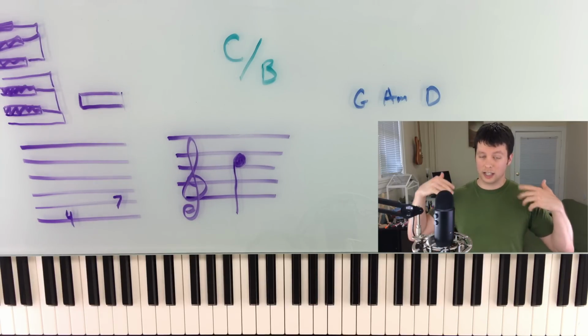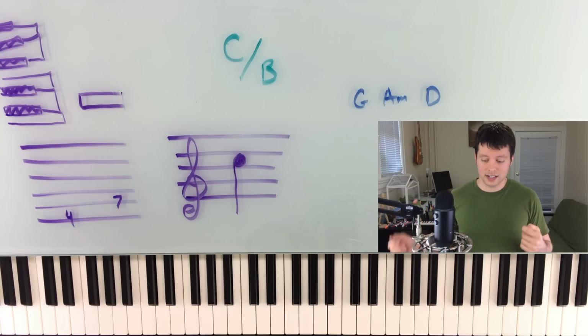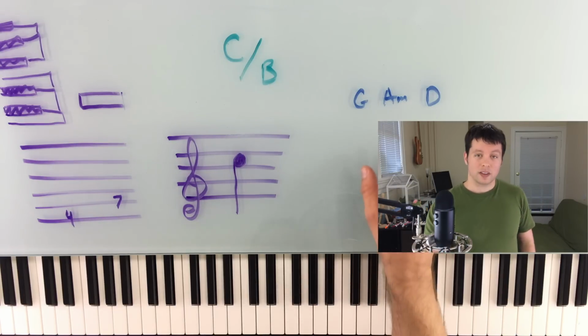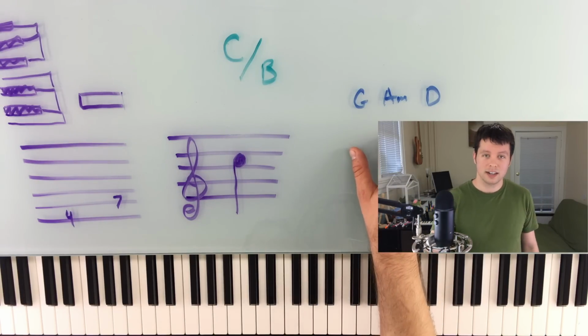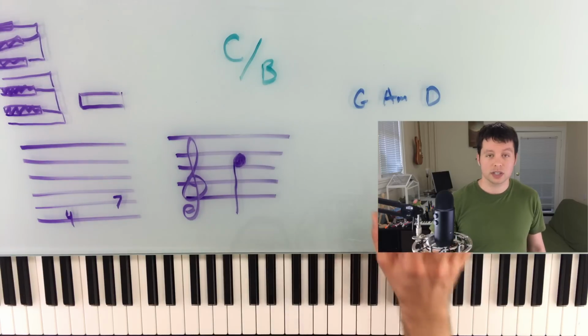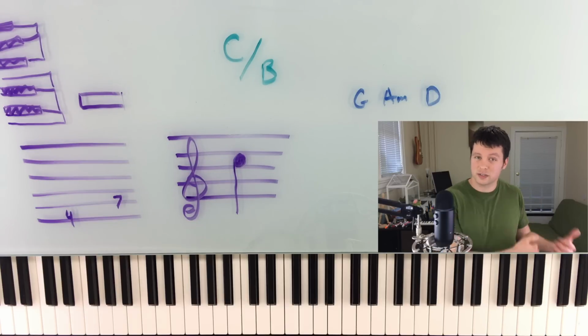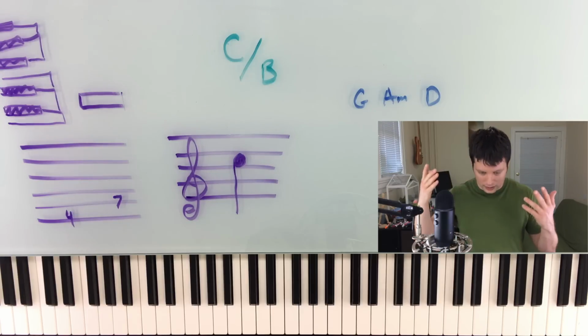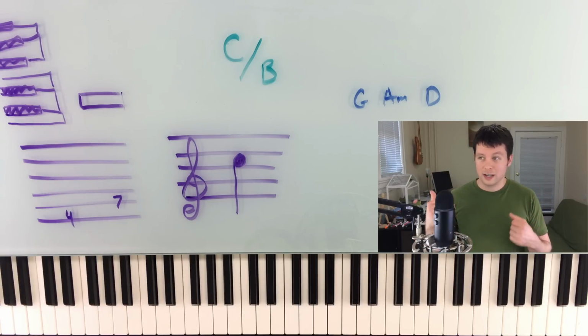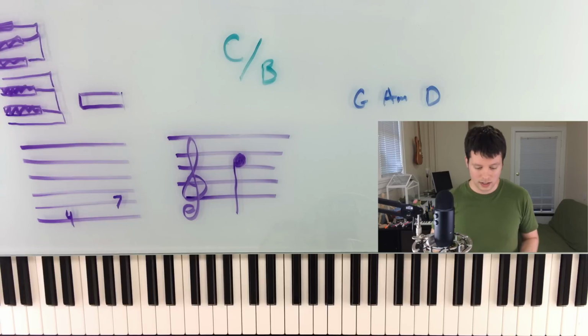Now that's just something you need to understand. You need to realize that when you're playing something like a chord progression and you see a slash chord, there is a chance that this chord is not what it looks like. It is actually a totally different chord, and you have to realize, wait, B is not part of the chord. Adding a B to a C major chord is turning it into a C major 7.